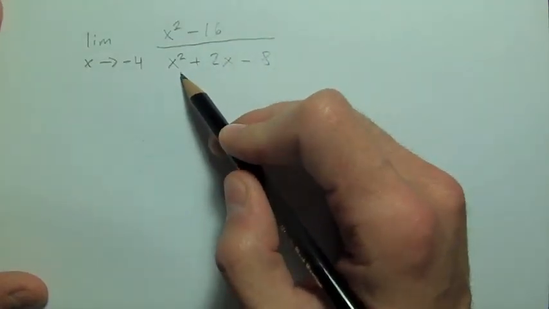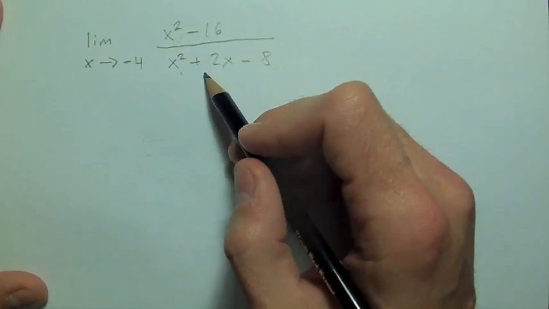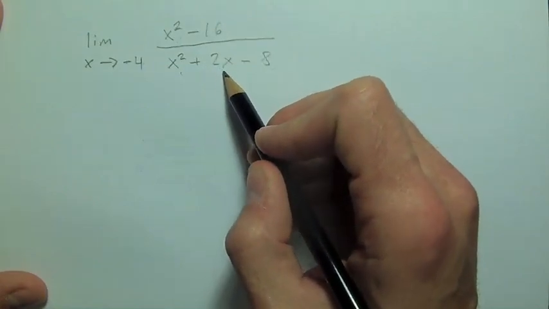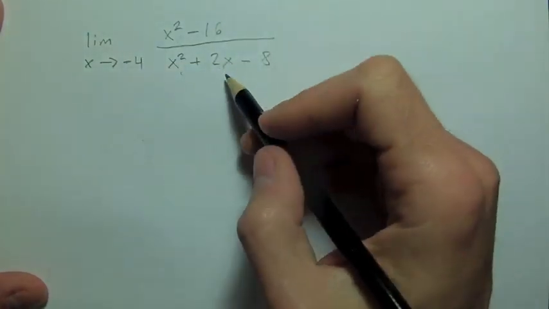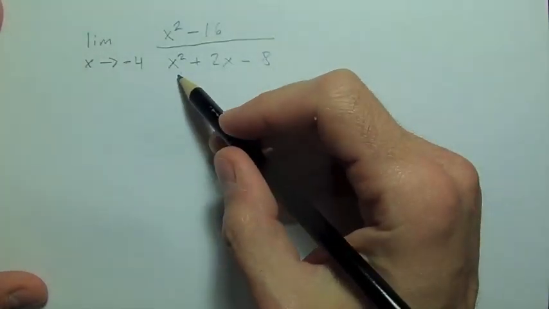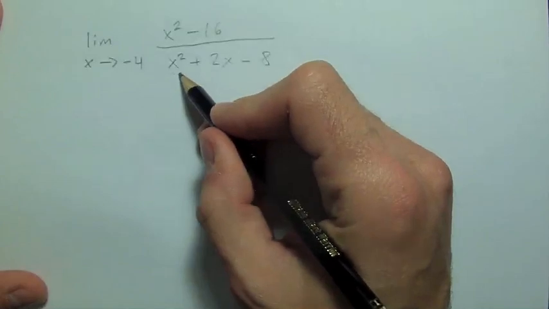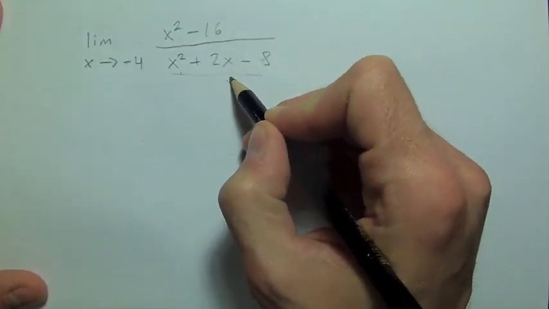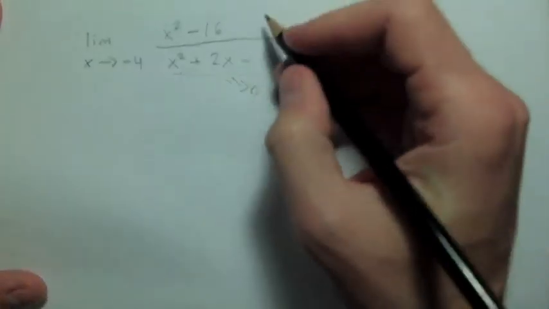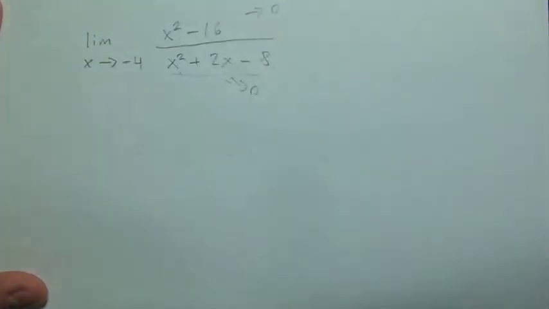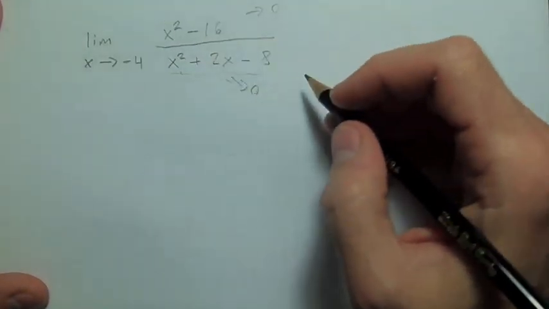Negative 4 squared is 16, then plus 2 times negative 4, so that will be negative 8. So I'll get 16 minus 8 minus 8. That will also be 0. Denominator here goes to 0, and so does the top. This is a 0 over 0 case.